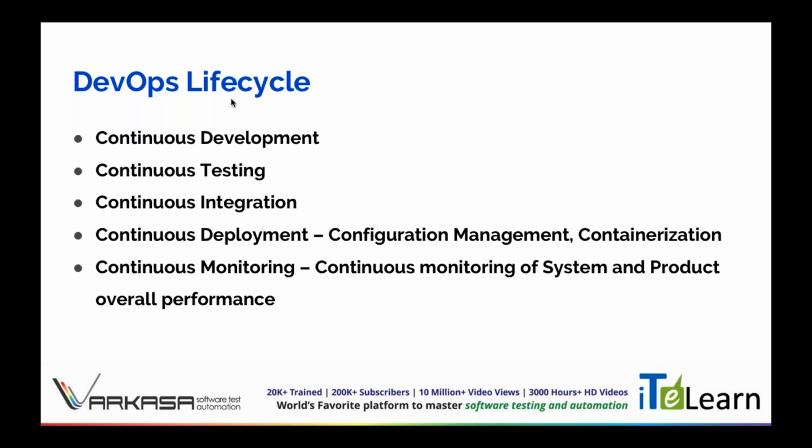Now, next step is continuous integration. This is basically the heart of DevOps, where all of these things need to be integrated together in order to make sure it's ready for deployment. Now, when I say integrate, what do I mean? Once the development team finishes their code, they deliver it to the QA team to test.